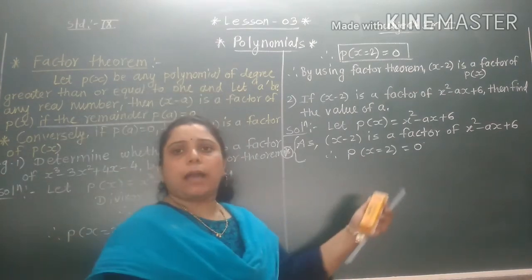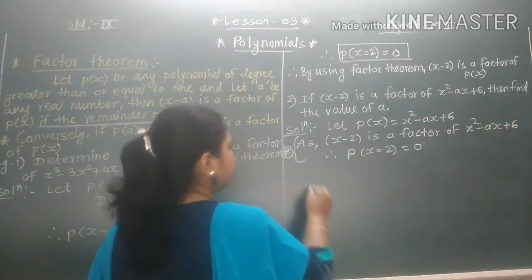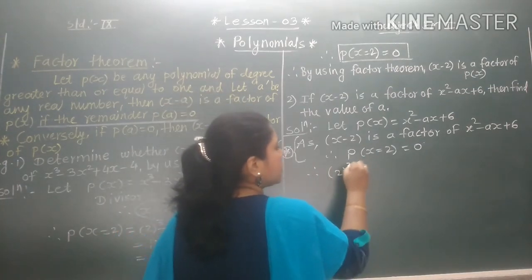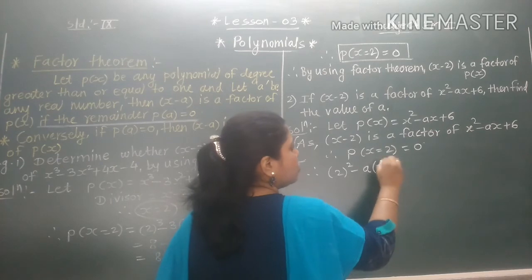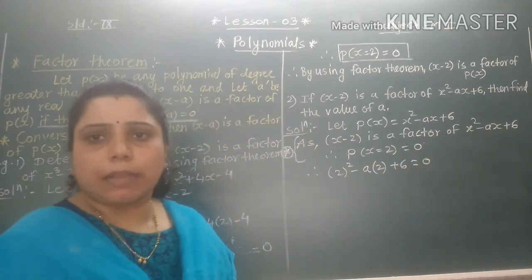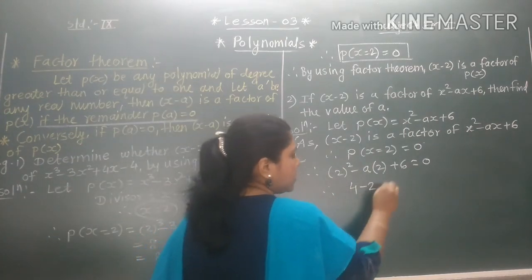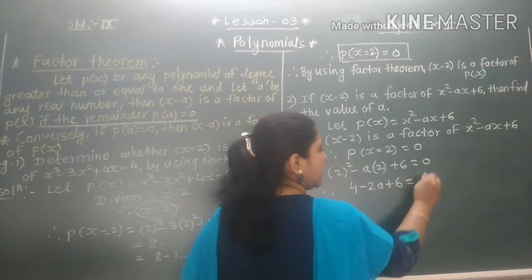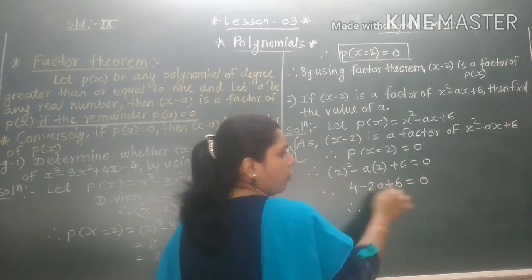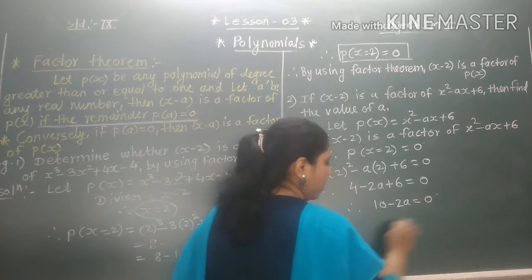Now I am replacing x by 2. So 2 squared minus a into 2 plus 6 is equal to 0. Simplify further: 2 squared is 4, minus 2a plus 6 is equal to 0. Therefore 4 plus 6 is 10, minus 2a is equal to 0.